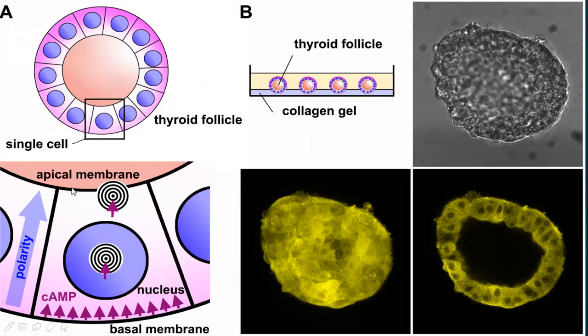This is the apical membrane, which faces the lumen of the thyroid follicle, the colloid. This is the lateral membrane, which is present at the sides. And the third one is the basal membrane, which faces the interstitial fluid.